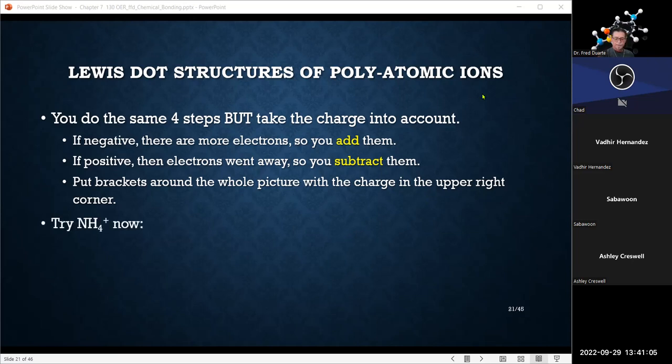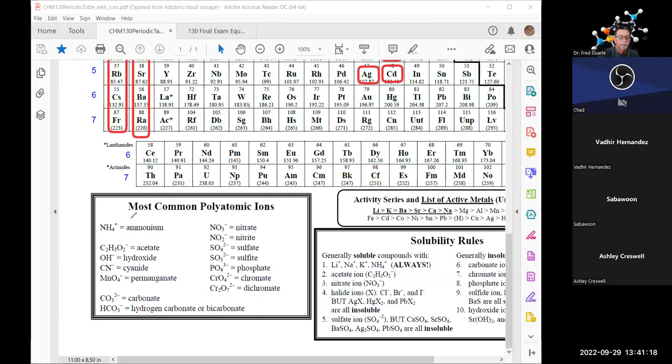Okay, let's try this. All right, so we have the ammonium ion. This is the ion right here, NH4.